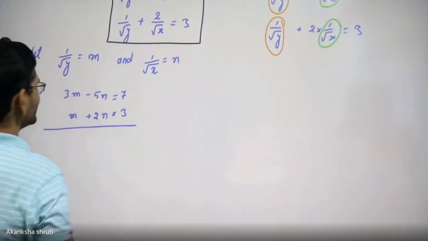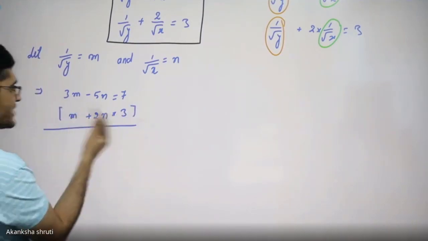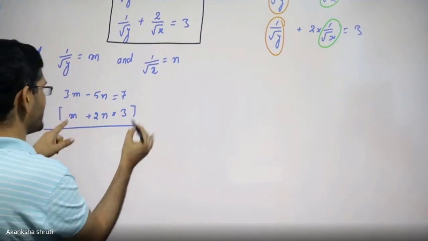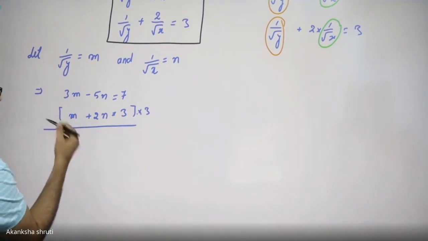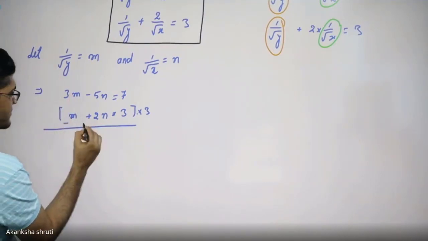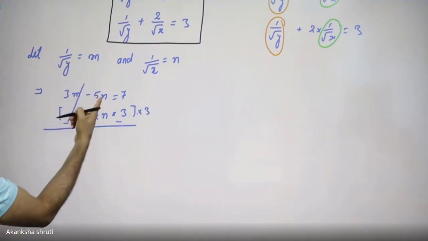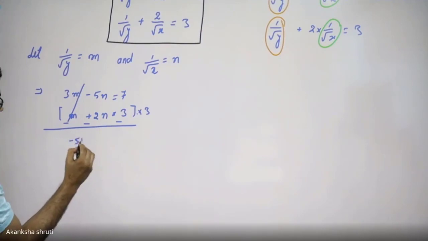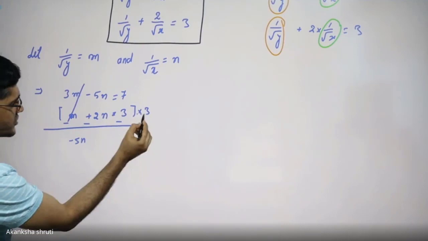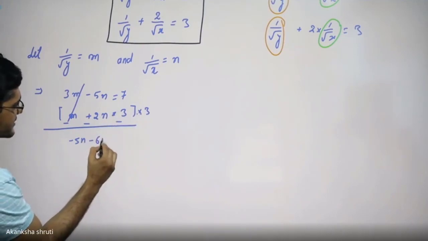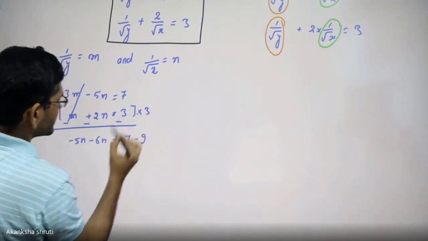It's very easy. Students, again, you need to eliminate one of the variables. Let me eliminate this m. So multiply this by 3. Then take the difference because both have the same sign. So minus, minus, this is minus. This will get cancelled. Minus 5n. And from the second equation, minus of 2 into 3, minus of 6n is equal to 7 as it is. 3 3s are 9.